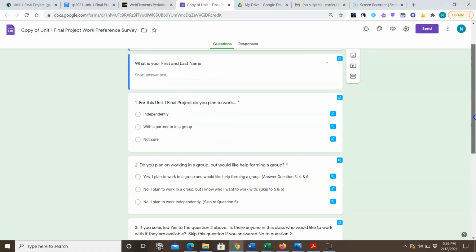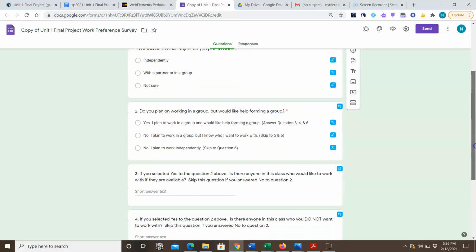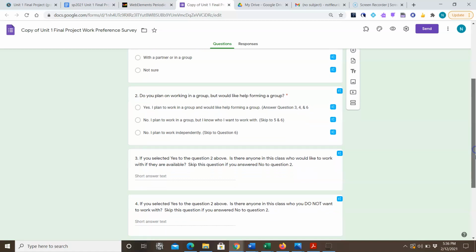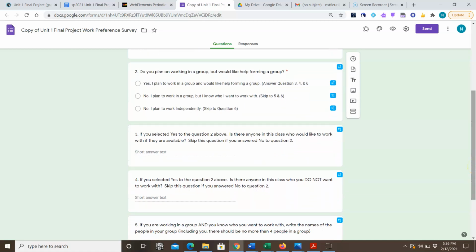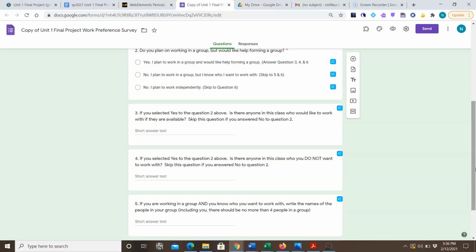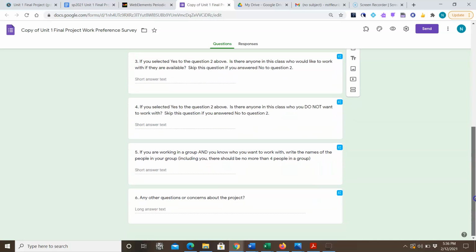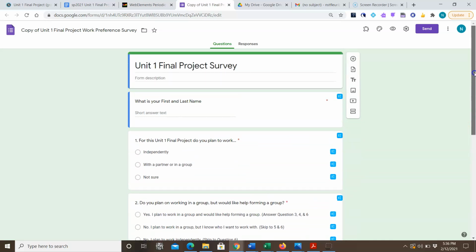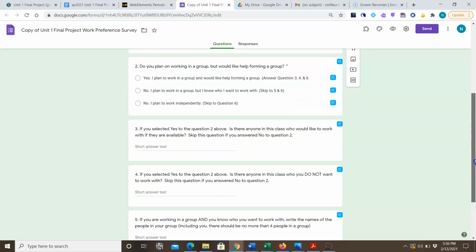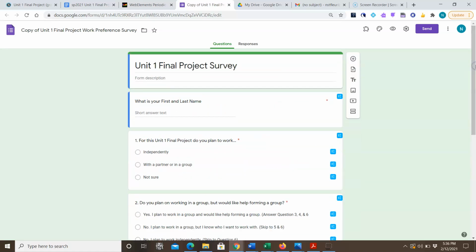And if you are interested in working in a group but you don't have anyone, I also have that as an answer, because if there's a group of students who want to work in a group but don't have anyone to work with, then I can hook you all up together. Just let you know that there are other folks who are interested. But please make sure you fill out this survey so that I can help with the groups.